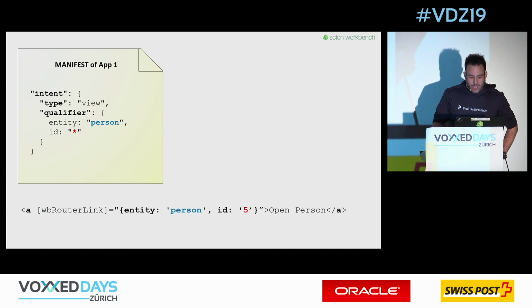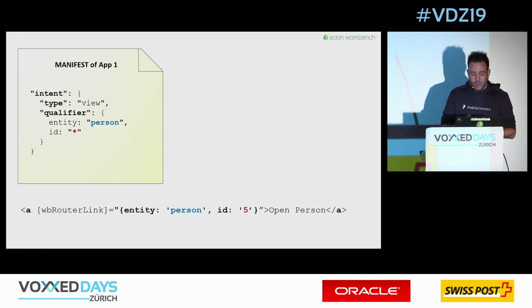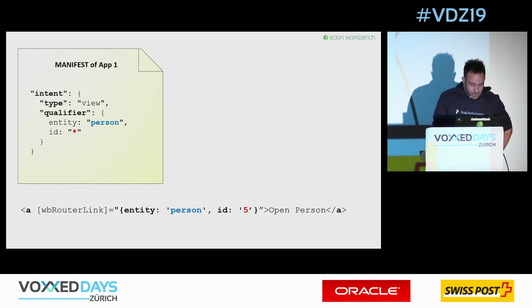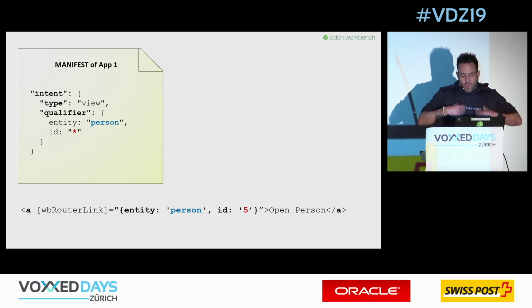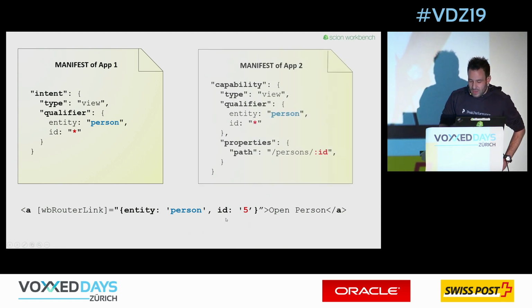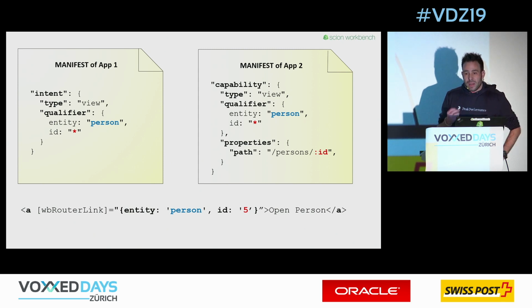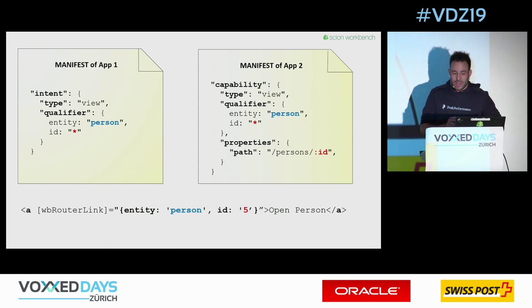Then it puts a link on the screen, and when the user clicks the link, the effective intent is issued. So now this says that when the user clicks this link, this application likes to show a person with the ID 5. And somewhere in the system there's another application which provides a capability that fulfills that intent.